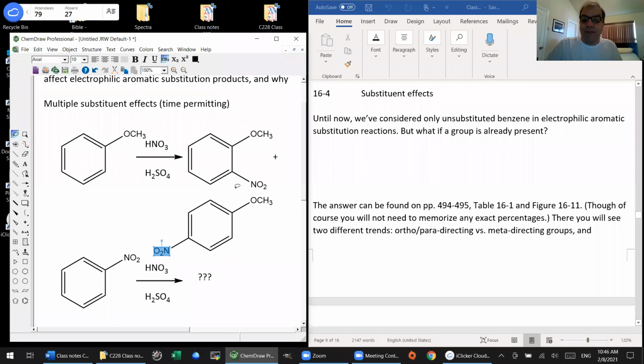Putting it next to the methoxy group, there's steric crowding there. So even though there's two ortho positions, in general, you can expect that the major product is going to be the para product. And so this is going to be the major product. So again, what you put down depends on how the question's phrased.